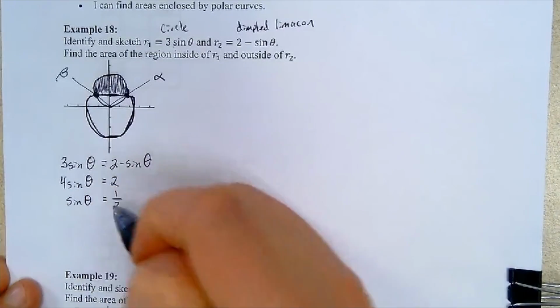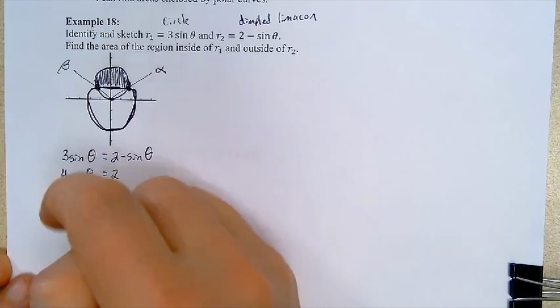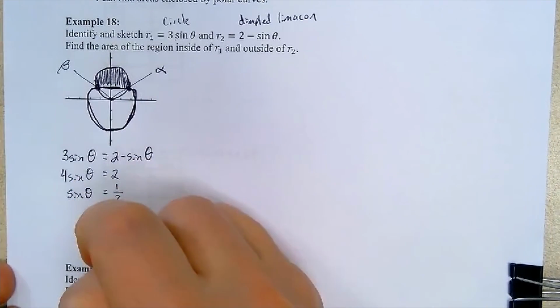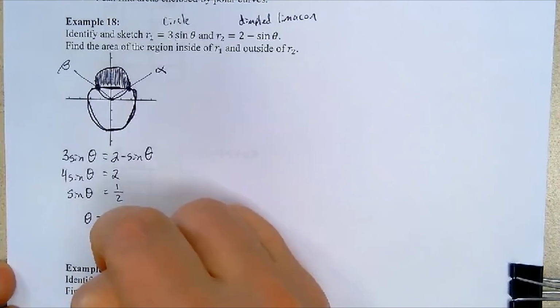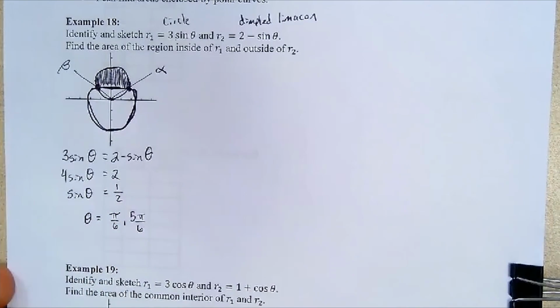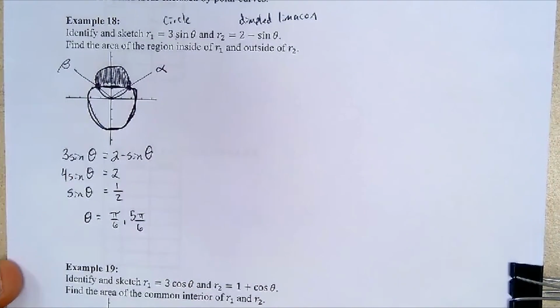Sine theta equals 1/2. And go to our memory of the unit circle. And that happens at pi/6 and 5pi/6, which roughly looks like what I've drawn here. So this supports my understanding of those two angles.